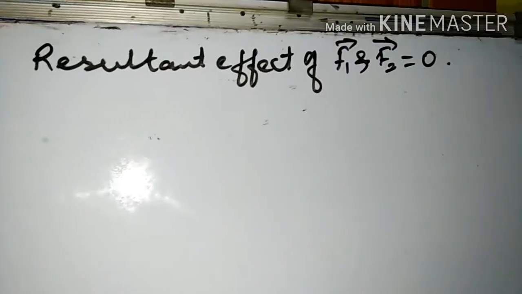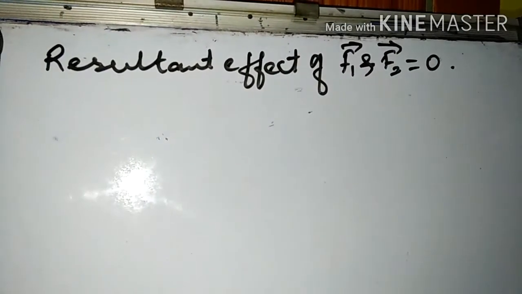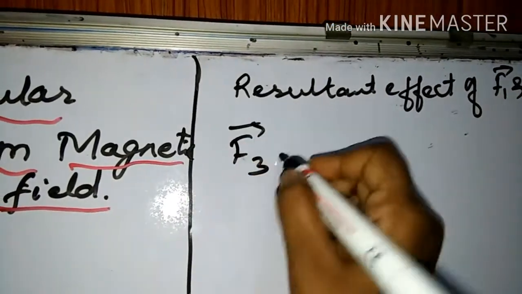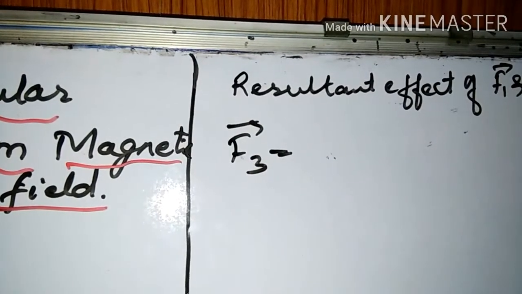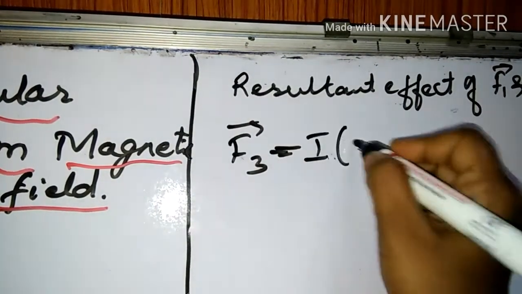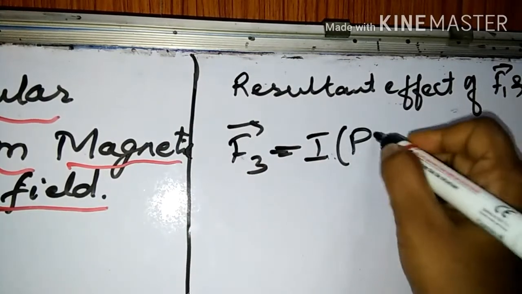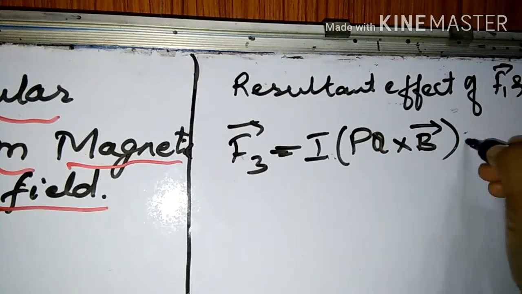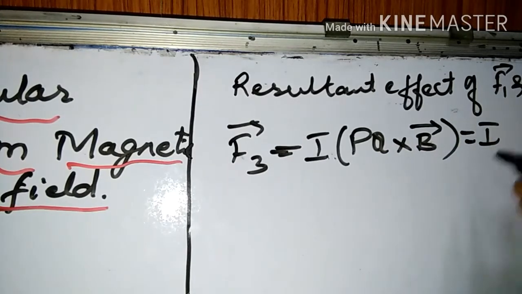Now let us see F3 vector, which equals I into PQ cross B vector. PQ is L, so this is I L B sine alpha.